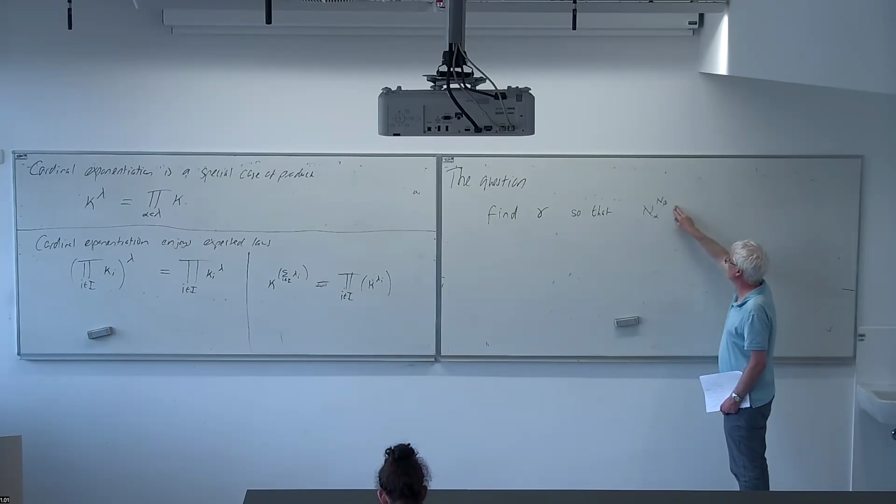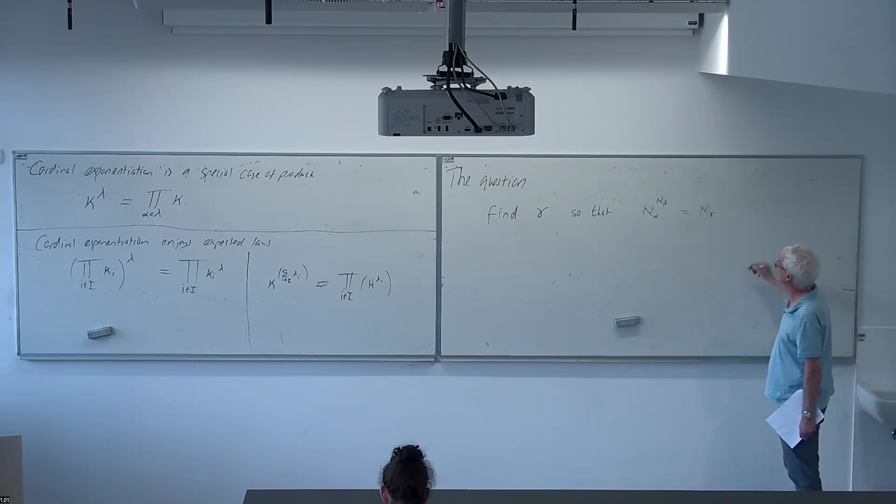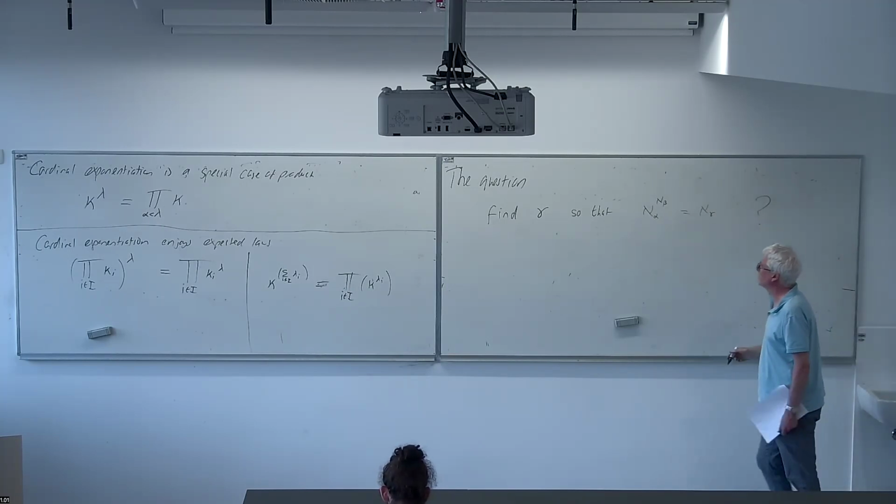But anyway, this would be a very general question. Given alpha and beta, can we find a gamma such that, yeah, we understand cardinal exponentiation because when we've got an exponential here, we know where it lies in our numbering system of cardinals. Can we find that?